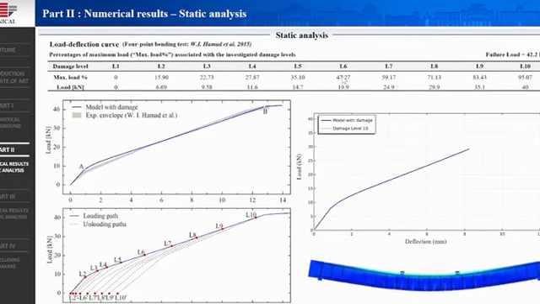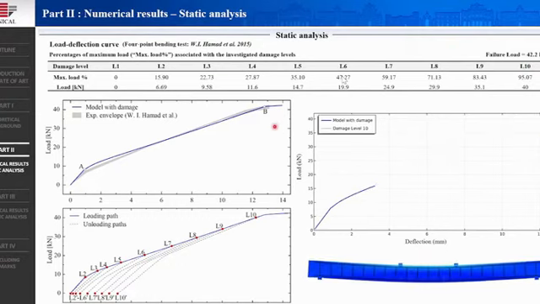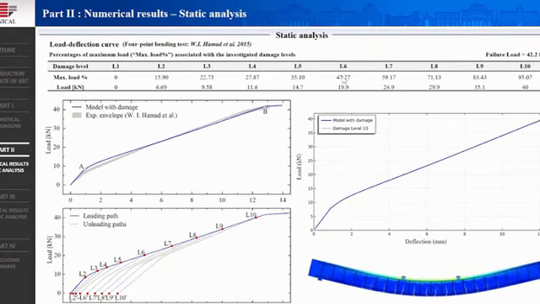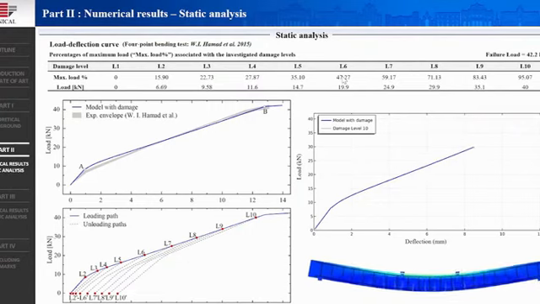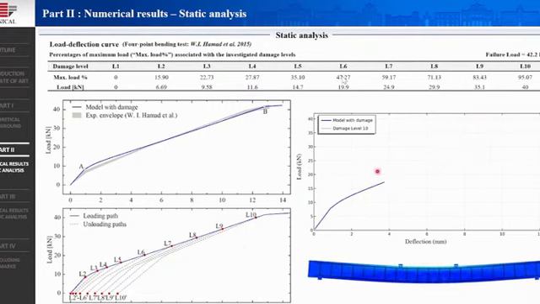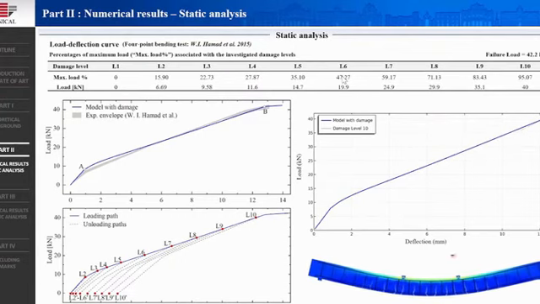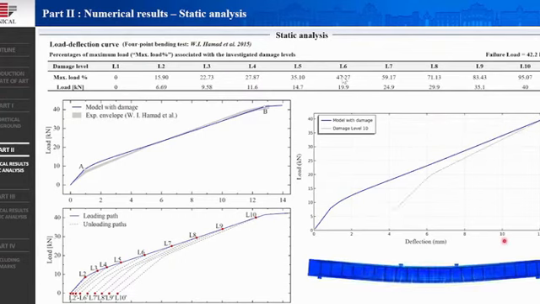The load versus midspan deflection curves highlight a good agreement between the numerical and experimental results. And for each level of damage, the unloading process is investigated and the related curves are reported in gray. In addition, an example of the loading and the unloading processes is reported in the animation on the right.